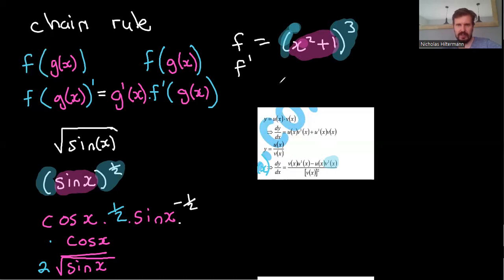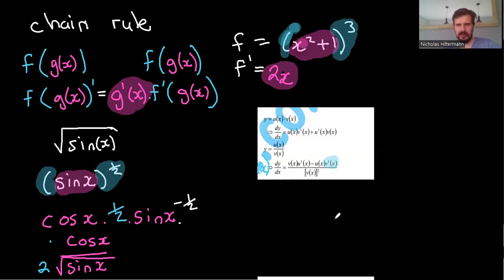Okay, so if we think inside-outside, what do I do? Find the derivative of the inside. The derivative of the inside, x squared, is 2 times x, so that's 2x. So you see I've done this bit here. Then I find the derivative of the outside.